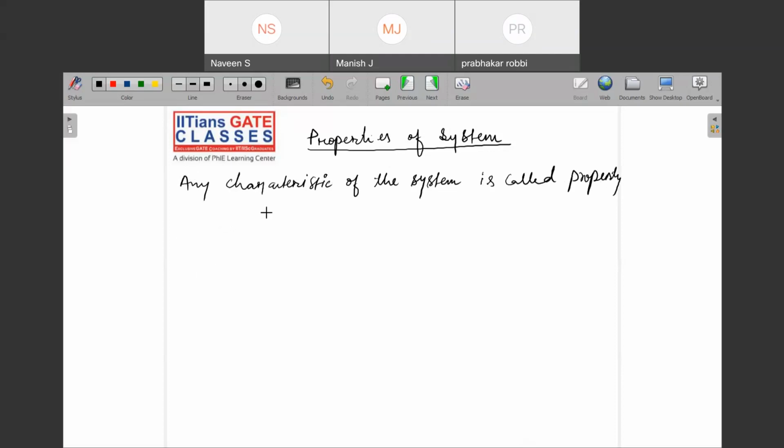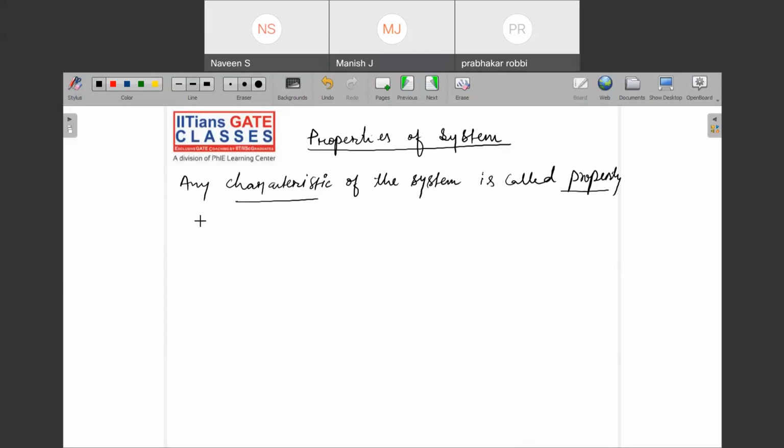Properties are those characteristics which help you know the state of the system. Like I have some pressure, I have certain kind of heat with me, I have certain kind of energy with me. So these are my characteristics, and I specify them in terms of properties. So my characteristics are nothing but properties, right?